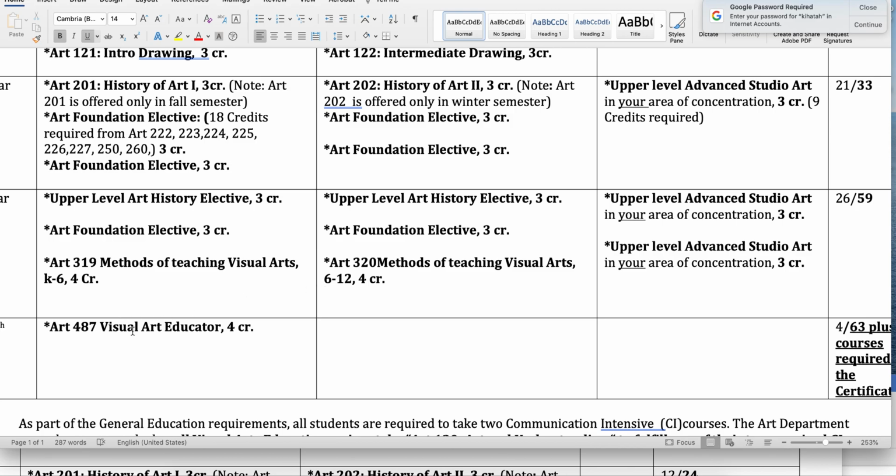Then this one, 487, is also an independent study, but this one is more of an overall teaching methods course that again Gary will go over, and grant writing, I think, is one of them.